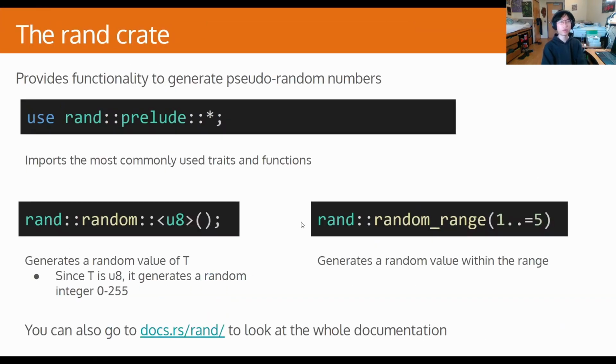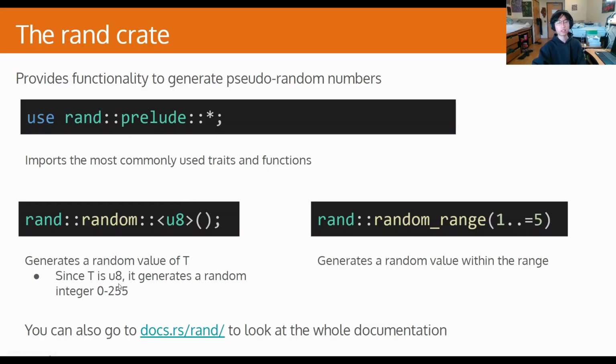So let's talk about the RAND crate. It provides functionality to generate pseudo-random numbers. A common way to import the RAND crate is to use the RAND prelude, which imports the most commonly used traits and functions. Some common functions of RAND include the random generic function. So it will generate a random value of type T, which is whatever type you give it to the generic.